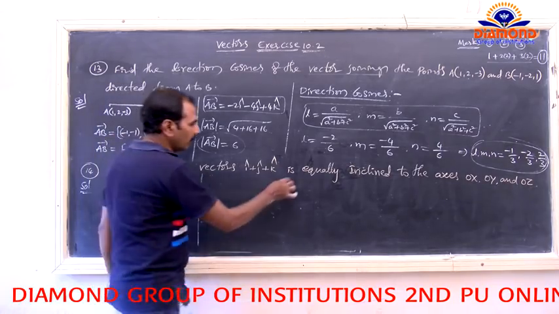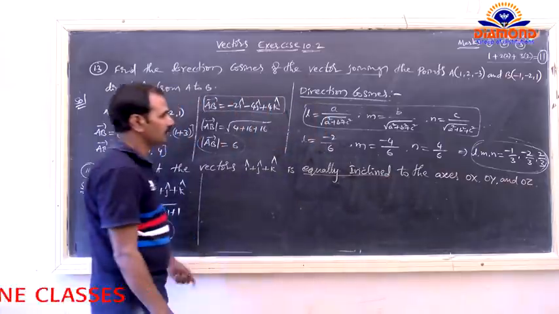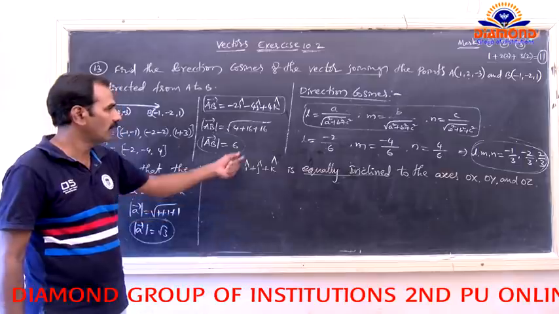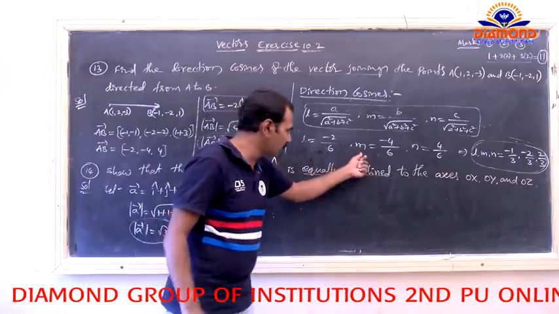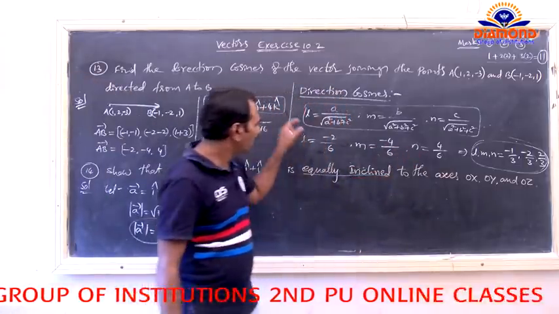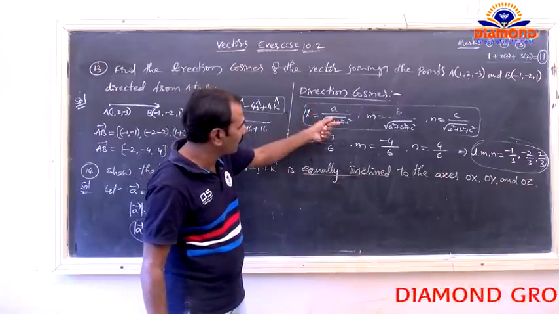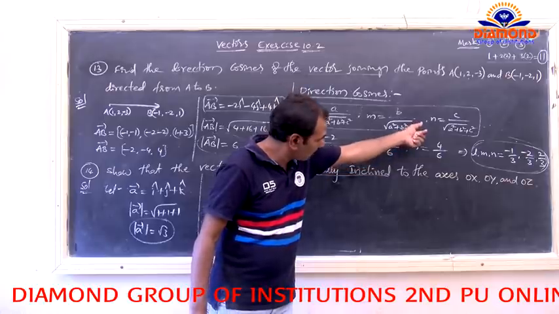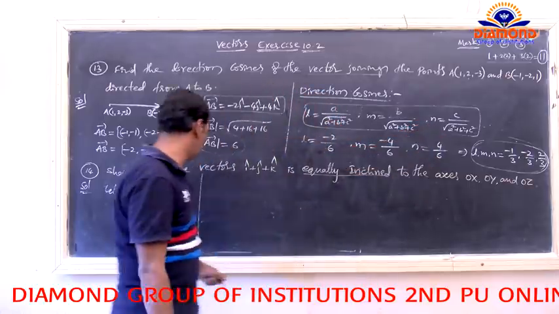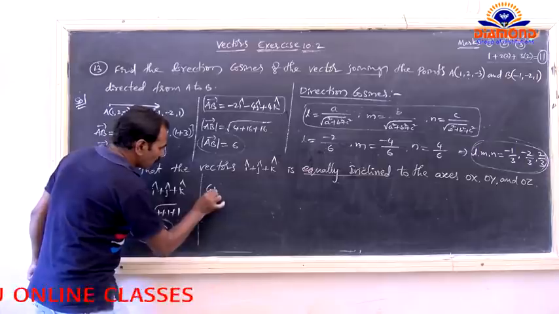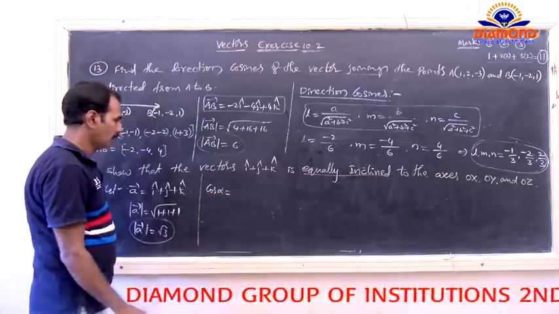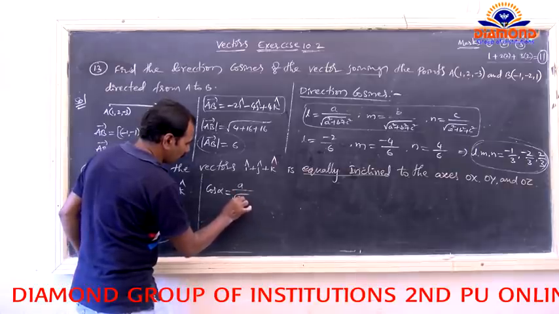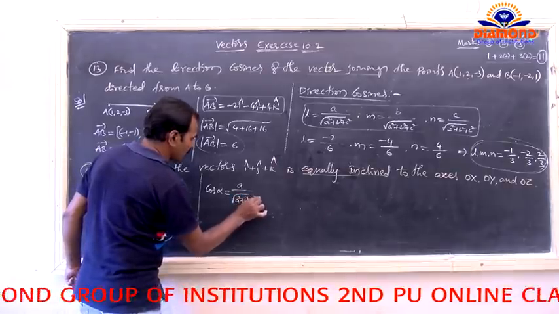Now the formula. Equally inclined: L equal to cos alpha, M equal to cos beta, N equal to cos gamma. Cos alpha equal to A divided by square root of A square plus B square plus C square.